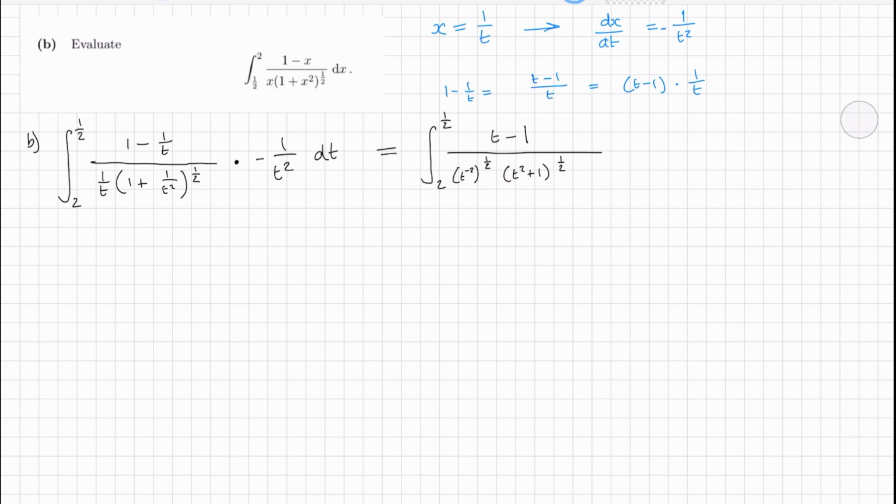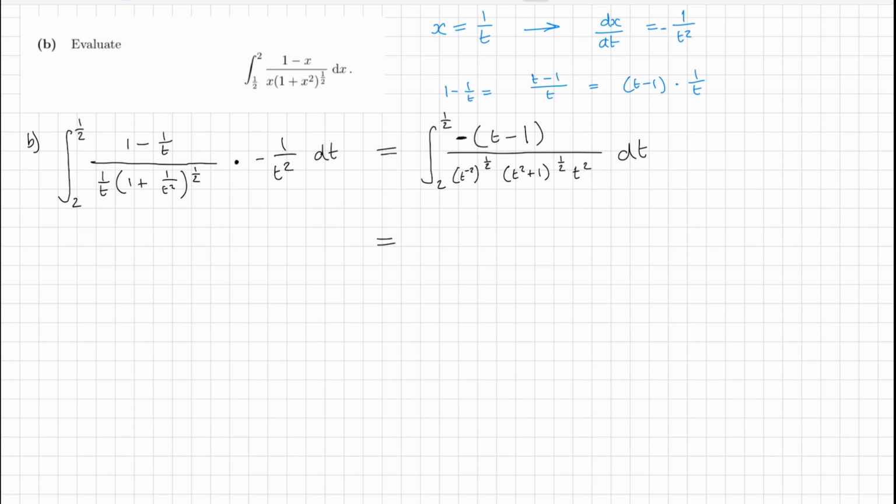So carrying this on, we then also need to multiply the top by negative 1 from our dx by dt term, and multiply the bottom by t squared. Now, what has that done to help us?